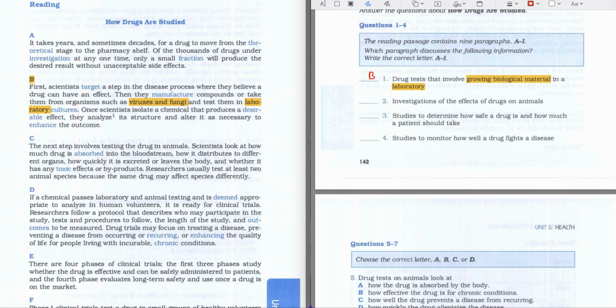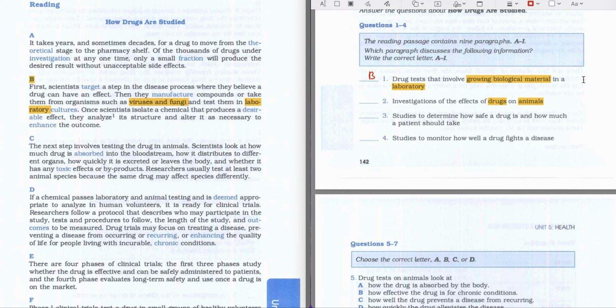So here we have to highlight keywords. Okay, so the effect of drugs on animals. So something about drugs and their effect on animals.